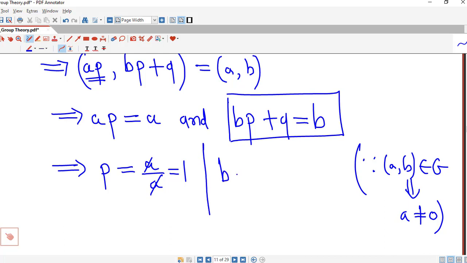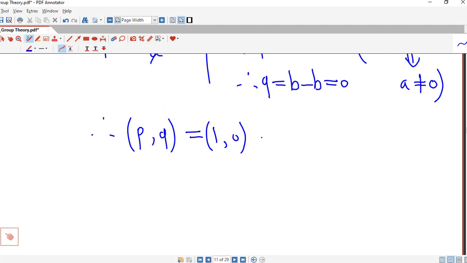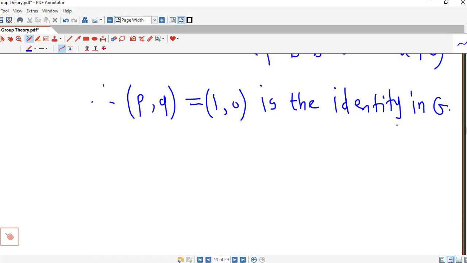So if I put P equal to 1, I will have B plus Q equal to B. Therefore Q equal to B minus B, which is 0. So therefore we find that (P,Q) equal to (1,0) is the identity element, is the identity in G with respect to the given binary operation.